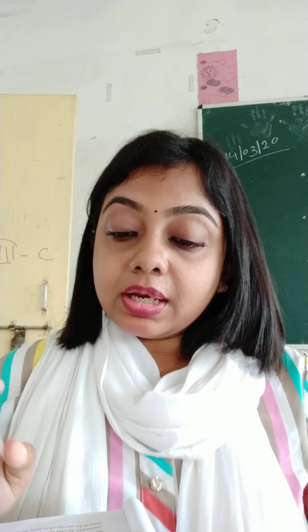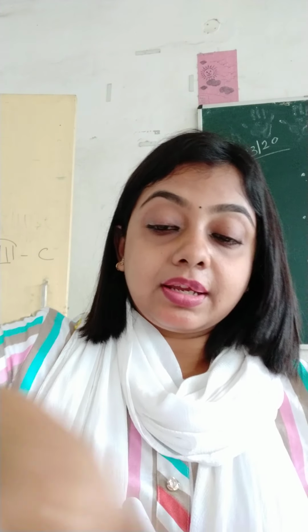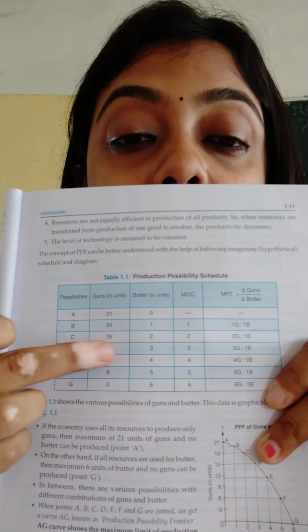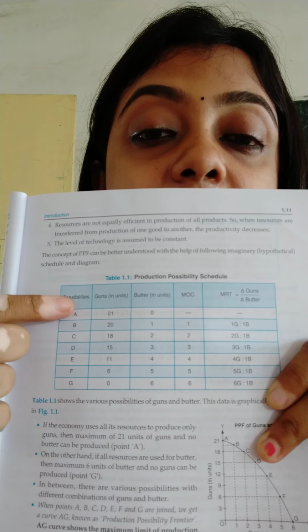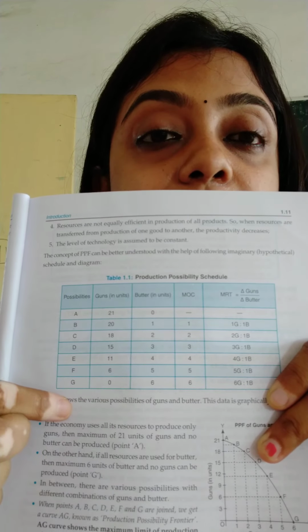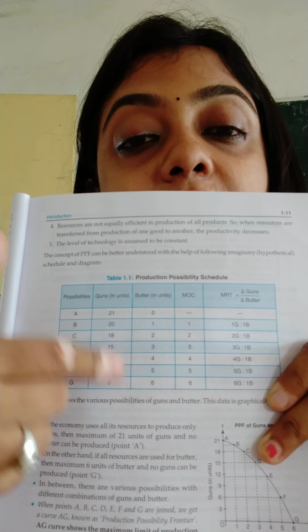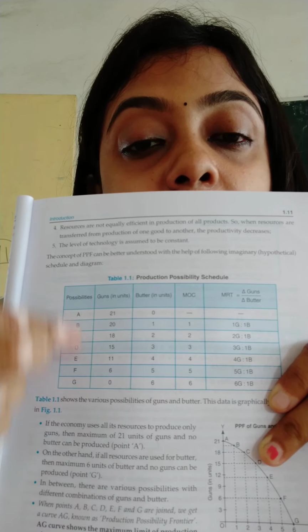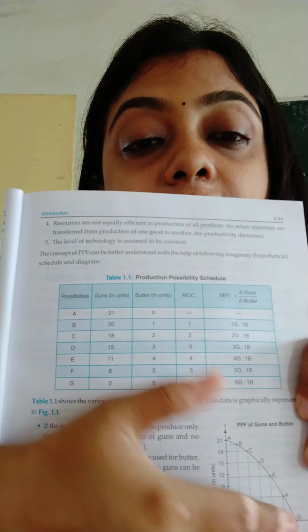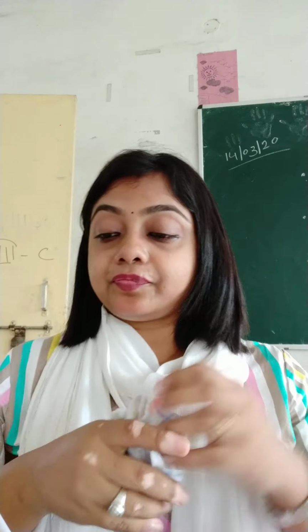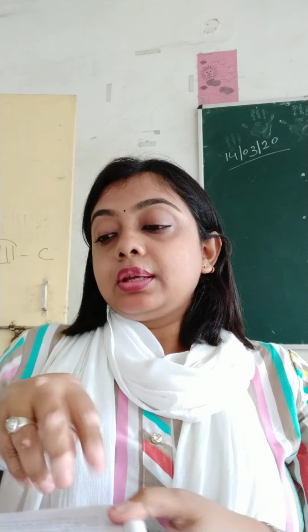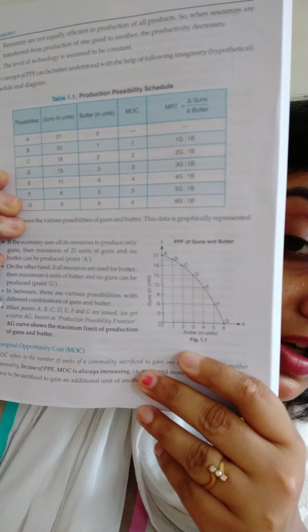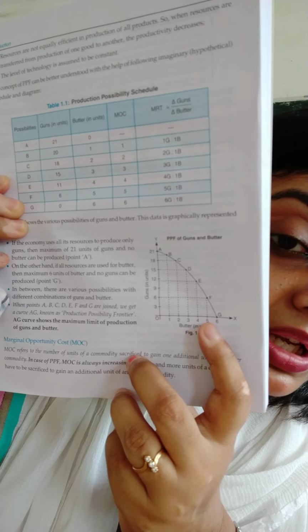Now, I will plot these combinations. These combinations are depicted by A, B, C, D, E, F, G. These combinations of two commodities, these points, we will plot in a graph, which we call the production possibility curve. Here also you can see it is a downward sloping curve.